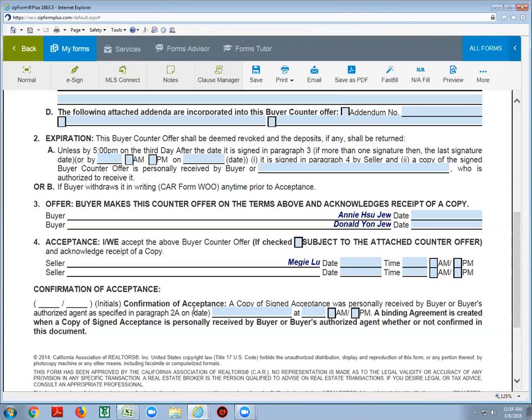Because you withdrew your buyer's counter. Yeah, technically you could. Never thought about that, huh? Because if you withdraw the buyer's counter, that means this one no longer exists. Then can you accept the previous seller counter? You could.